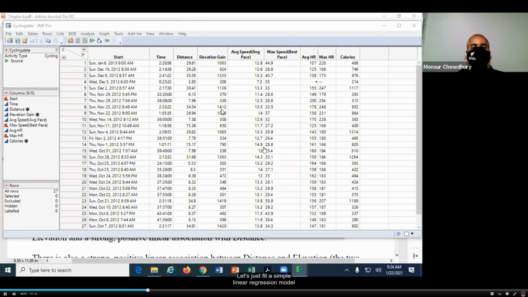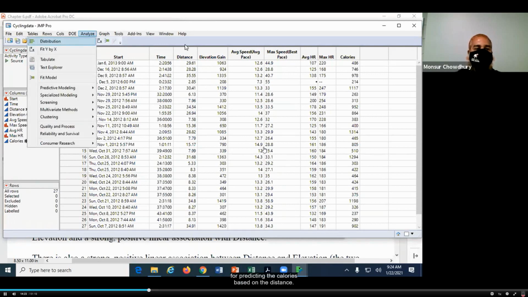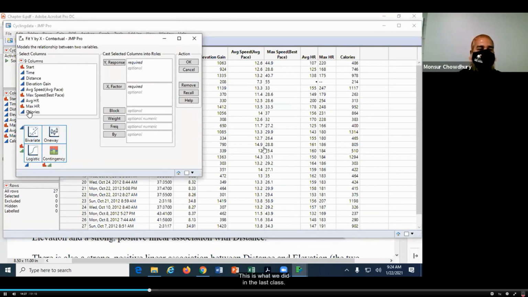So let's just fit a simple linear regression model for predicting the calories based on the distance. This is what we did in the last class. So I am just fitting this model first: calories versus distance.